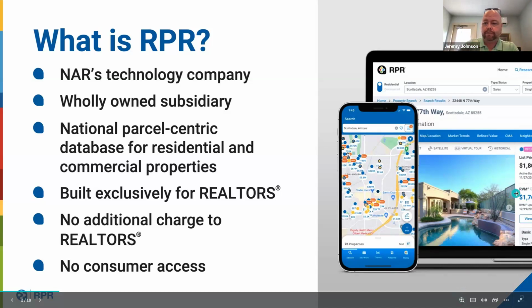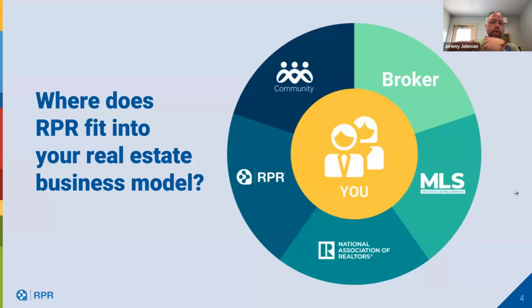So good stuff. Now, where does this fit in with your real estate business model? Here you are, the center, the hub of your business, and where do you derive information from? You get information from your MLS, you get information from NAR and HRAR and VAR. Your broker is up here, Long and Foster, Tina, me, the rest of us here in the building.